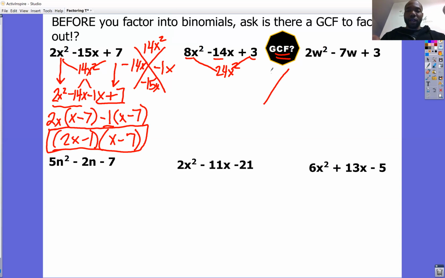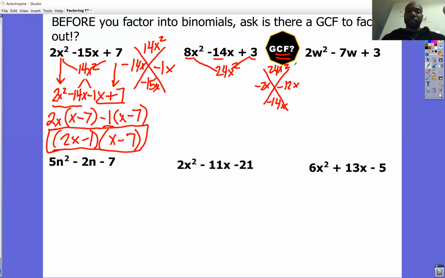I have my negative 14x, and I'm looking for factors of 24x squared that add to give me negative 14x. Those numbers have to be negative. The factors of 24 would be 6 and 4, 8 and 3, 12 and 2. So that'll be a negative 12x and a negative 2x.